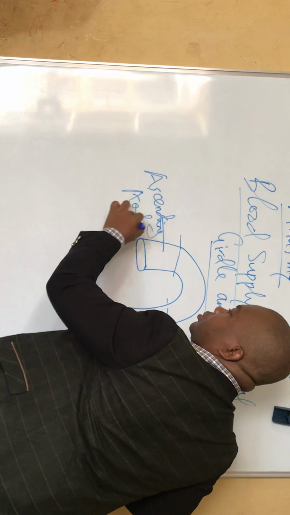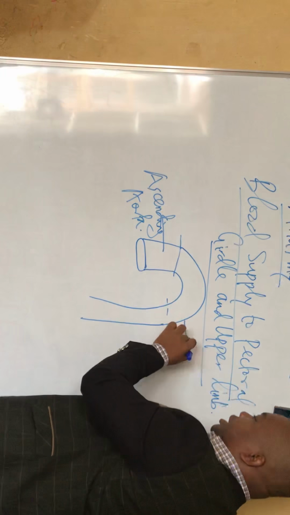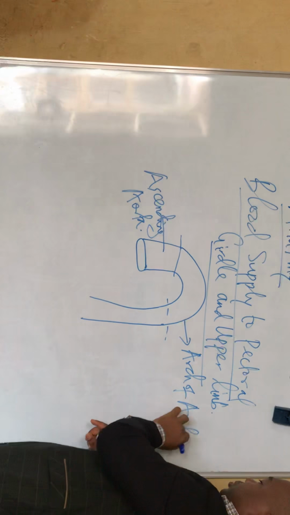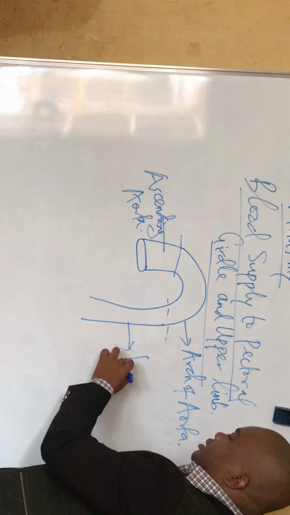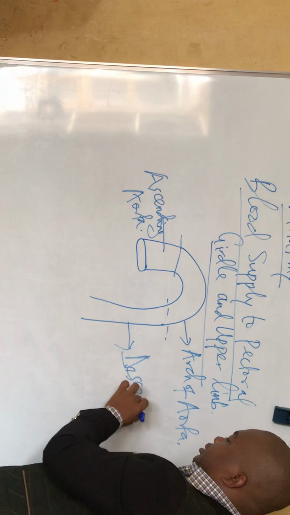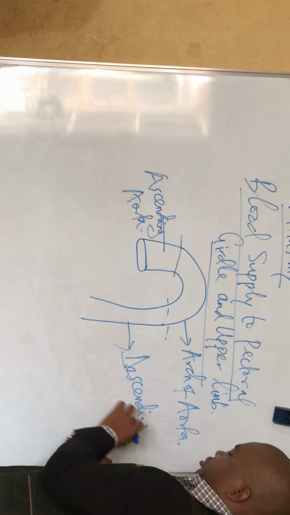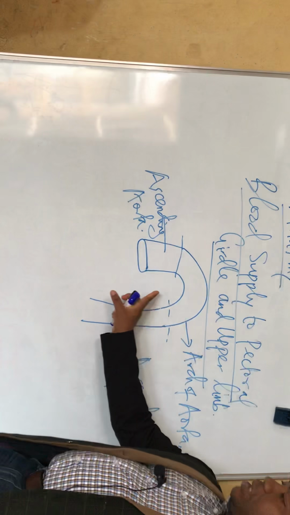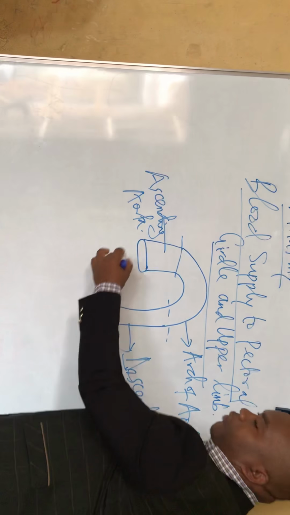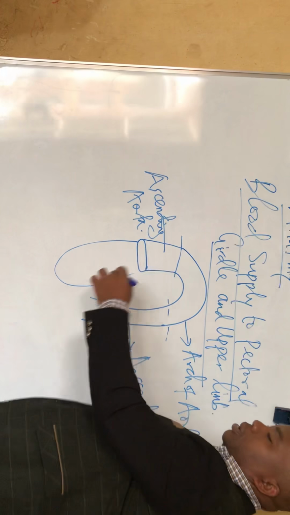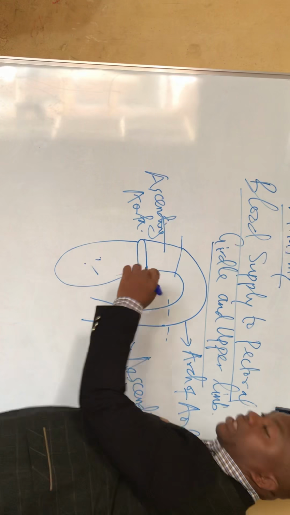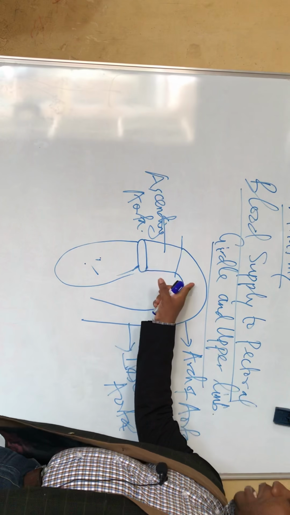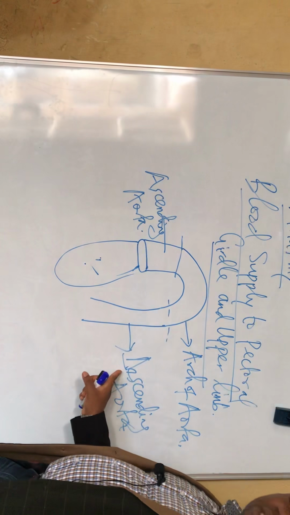These are the three parts, and ultimately they are coming from the left ventricle. Ascending aorta, arch of aorta, descending aorta.